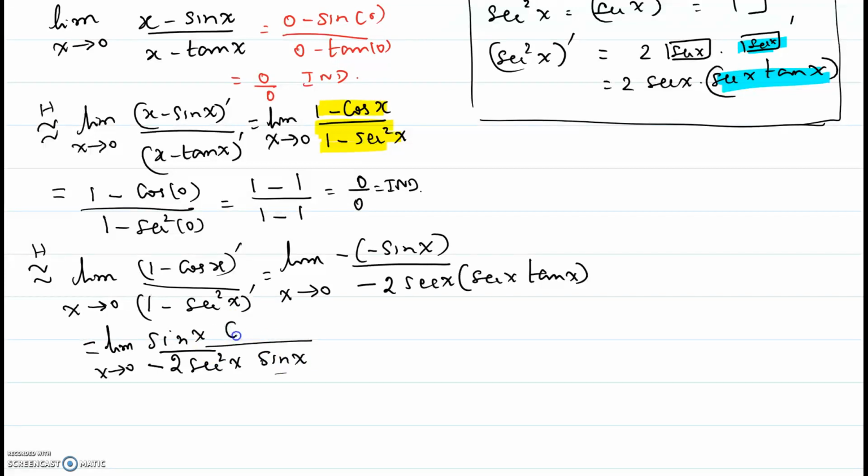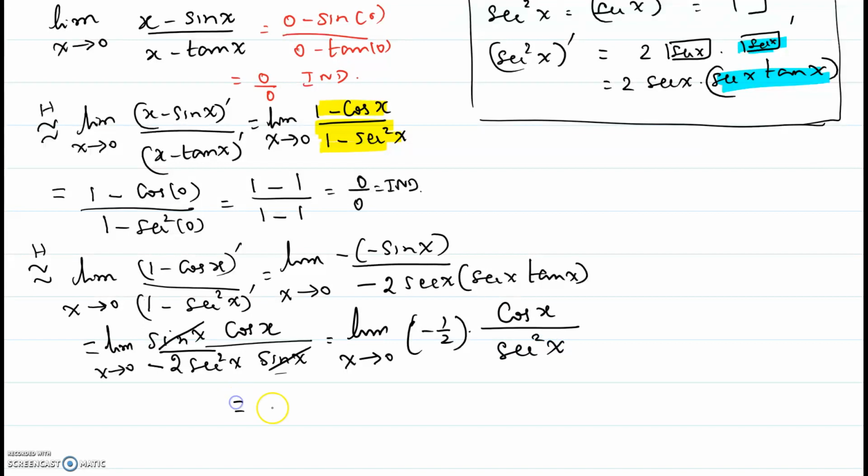The cosine x will go up. So now we have the limit as x approaching 0 of negative 1/2 times sin x and sin x, which get cancelled out. So we get cosine x in the numerator divided by secant square x.